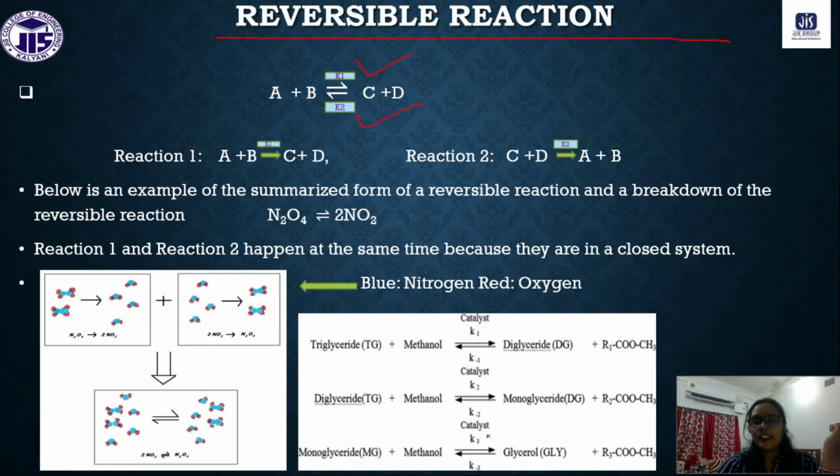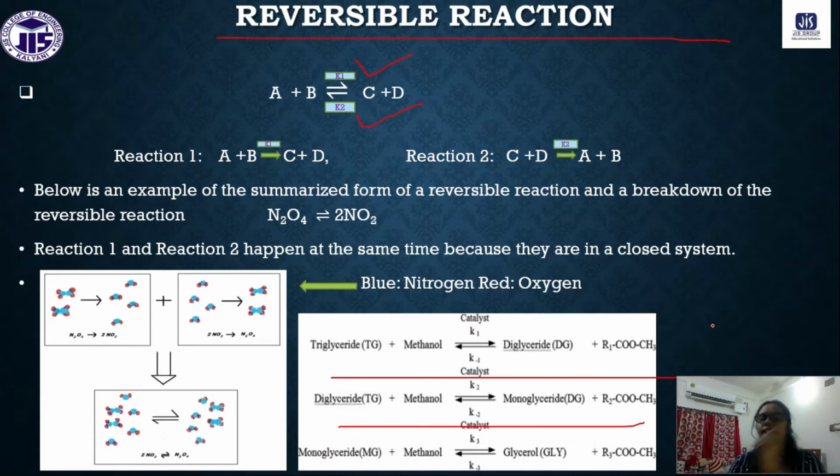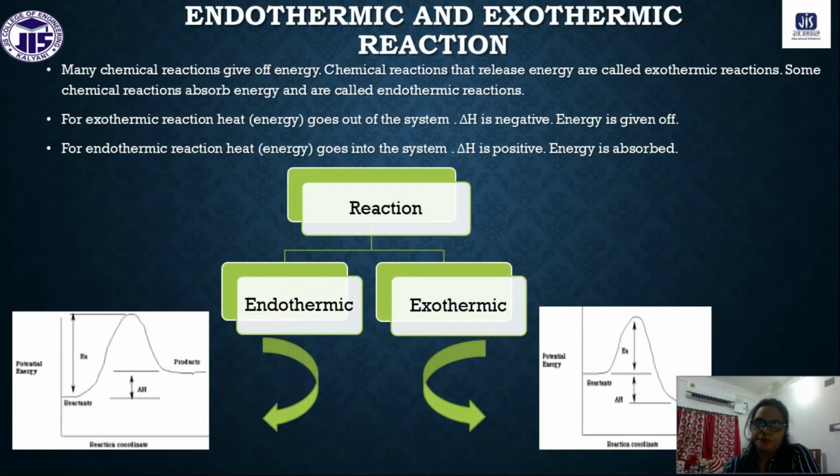These are some examples of reversible reactions, where the reactant molecules form the product, and again from the product we get the reactant molecules.